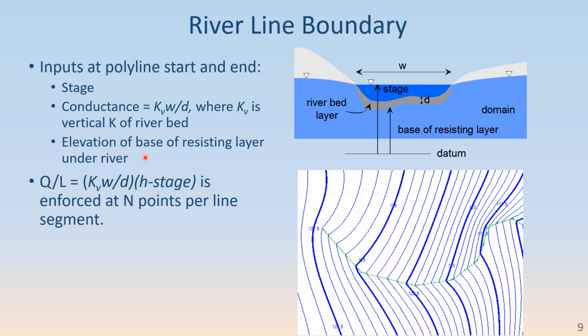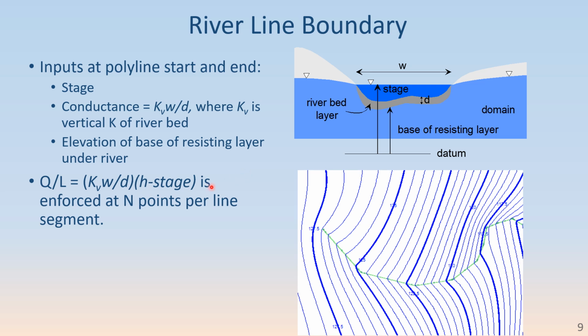And then the last thing is the elevation of the base of that resisting layer, as shown by this elevation here. And that affects whether or not the river boundary condition transitions to a different mode in a drying up scenario. So the equation that's satisfied is right here.